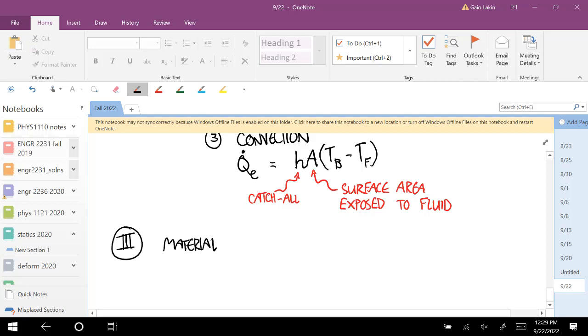So this is going to include the assumptions about incompressibility, the ideal gas law, and how to use tables. All that stuff is just relationships between properties. So material property relationships.